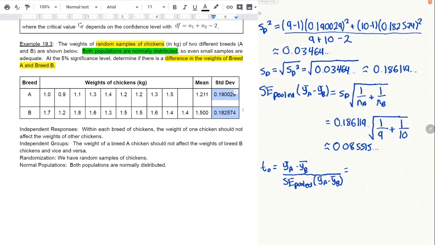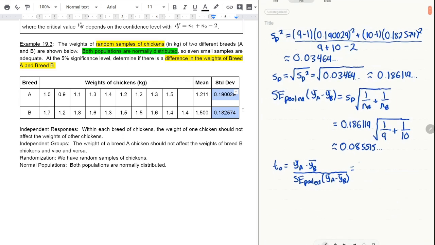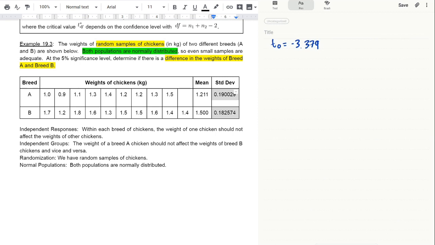So we have 1.211 minus 1.500 divided by the pooled standard error, 0.085515, and we get our test statistic, which is negative 3.379. Okay, so we determined our test statistic to be negative 3.379.